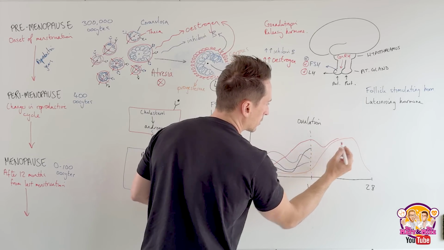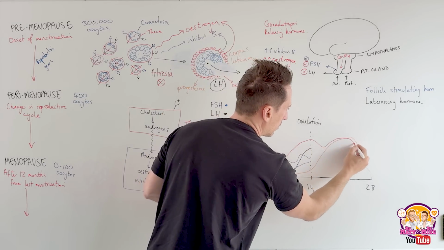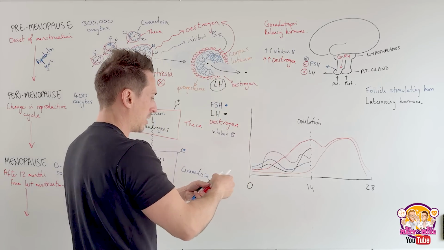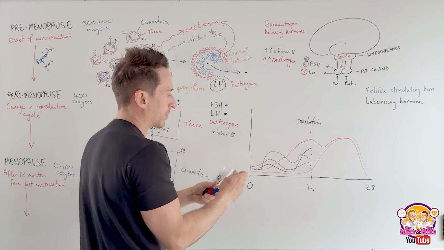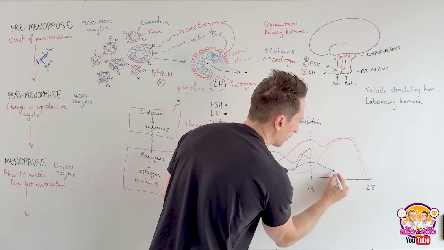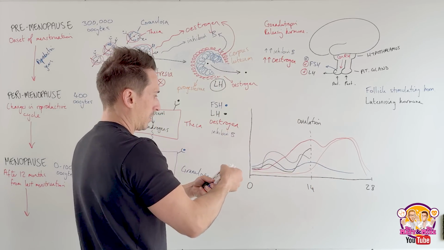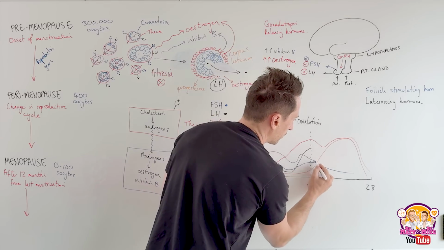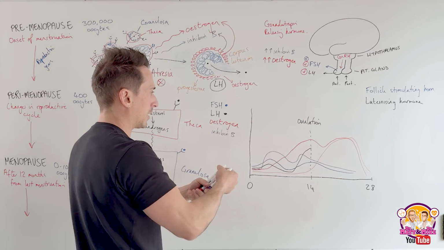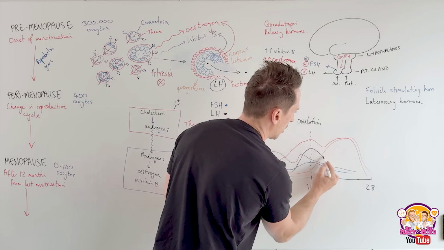Even though it goes down, it goes up a little bit, and again will drop down if there's no implantation, and the other hormone levels will drop down. They start to go low again. And finally, LH starts to drop back down and go low.